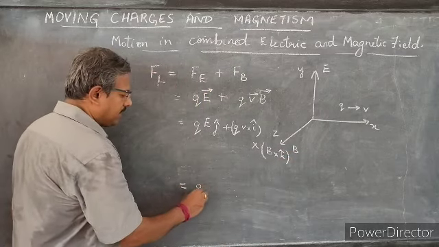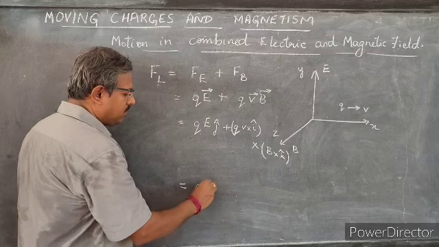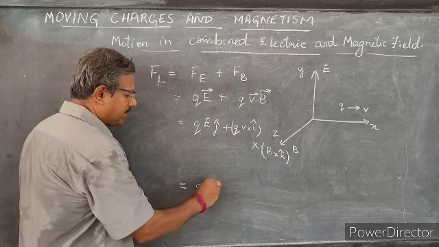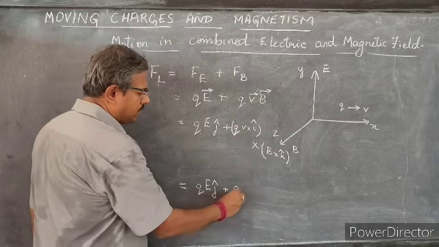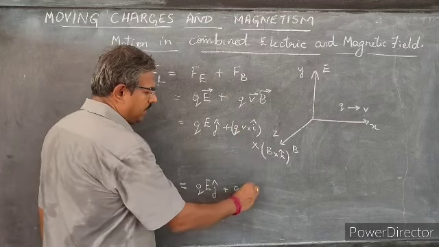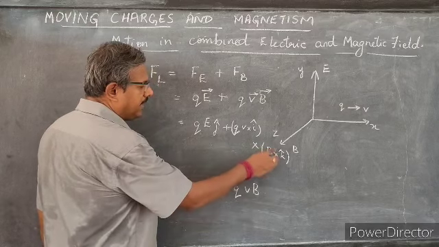If I further simplify this, it gives me Q E J cap plus Q V B I cap into K cap.